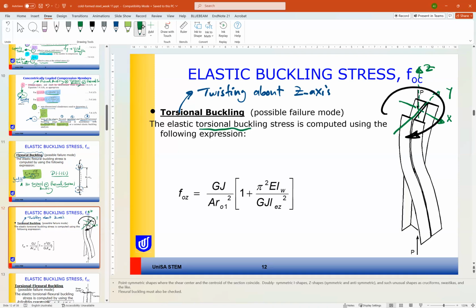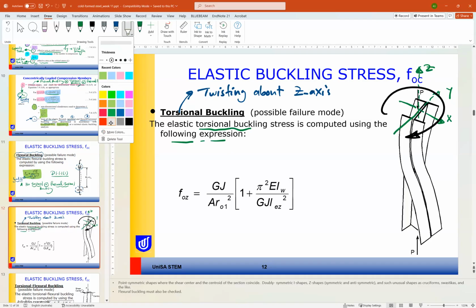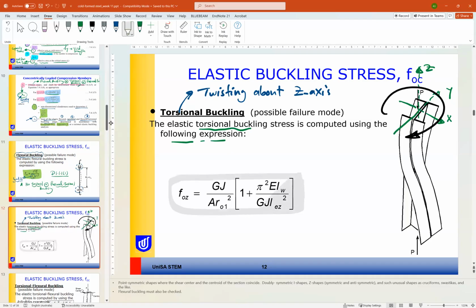The torsional buckling stress uses the formula below, FOZ, because it is buckling about the z-axis, equal to GJ divided by A RO1 squared, multiplied by 1 plus pi squared E Iw divided by G J L effective Z squared, where G is what?